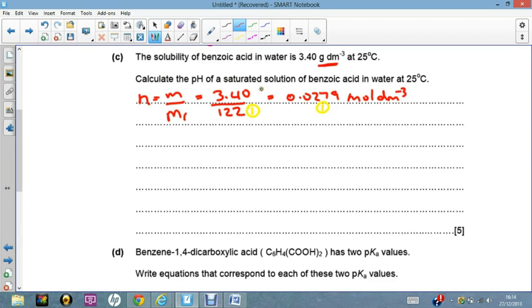Okay, next thing, it's asking me to calculate the pH. Because this is a weak acid, and we've not had any mention of buffers, just weak acid, I can use the square root calculation. So that means that I'm now going to have to work out Ka, because at the top I've been given pKa, so I'm going to do 10 to the minus pKa.